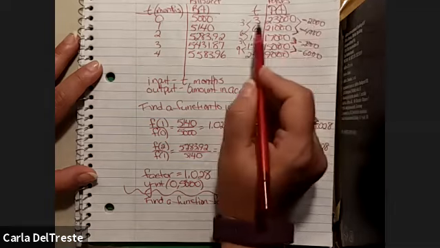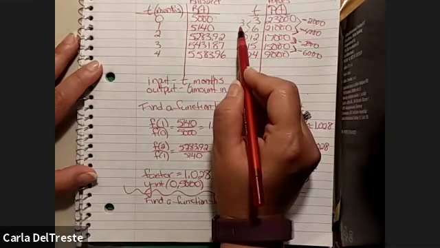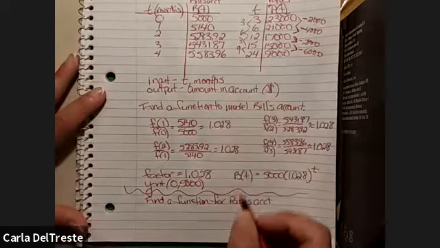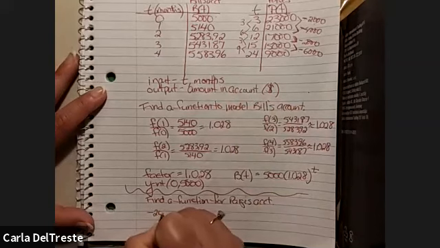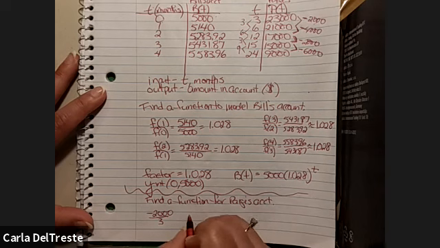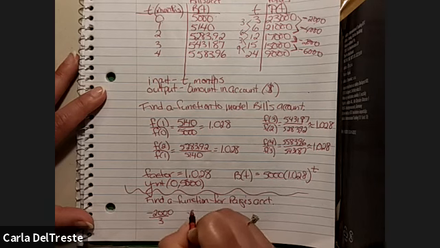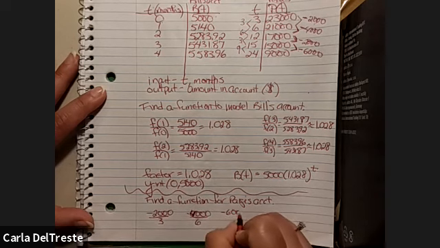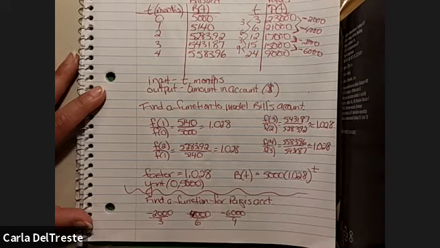So I want to see if these changes are the same, which means I'm comparing the rates of change. So I want to know if negative 2,000 over 3 months gives me the same thing as negative 4,000 over 6 months, and the same thing as negative 6,000 over 9 months.